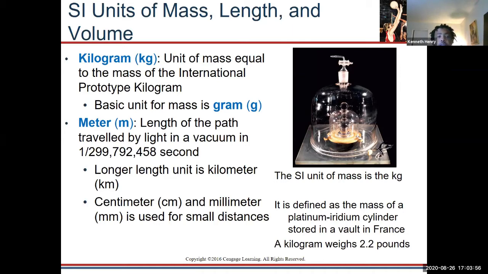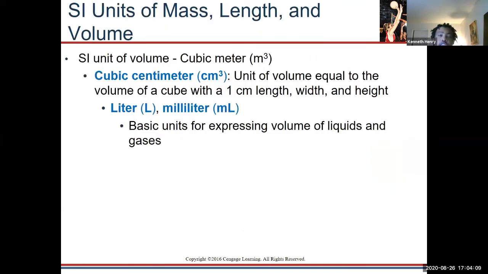Depending on what you're working with, those are the units we're going to be using. Even though there are standard SI units, ultimately we're going to be working with stuff that is accessible to us, right? So I'm not going to give you a kilogram of gold or anything like that. I may give you a microgram or a nanogram or maybe even a picogram.